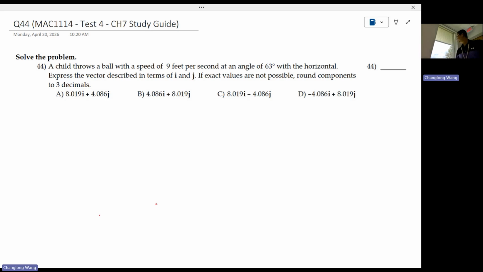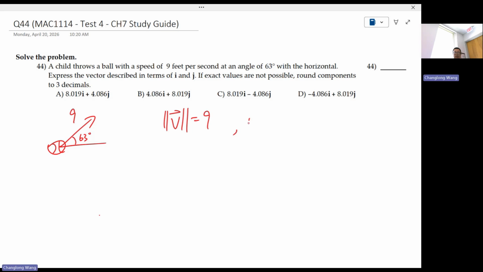So what I really suggest you do is to draw a sketch. I'd say a ball gets pitched into the air. The speed is 9. The length of the arrow is 9, and it makes an angle with the horizontal direction, so that will be 63 degrees. But isn't that just telling you the vector v has a magnitude of 9? Angle would just be 63, right?